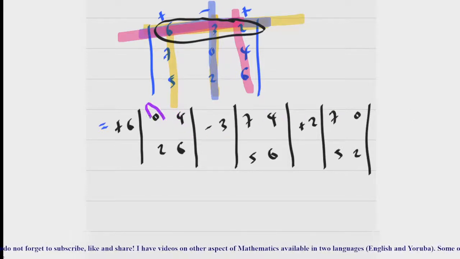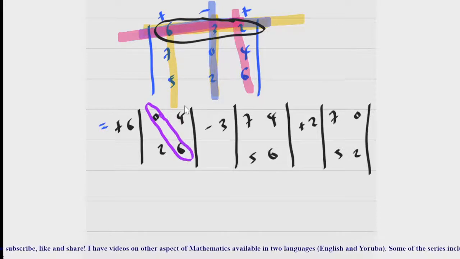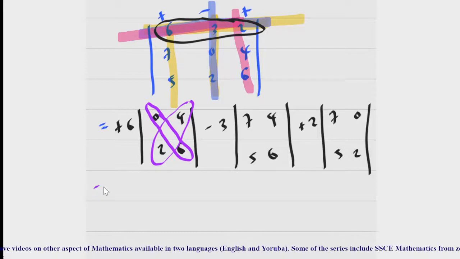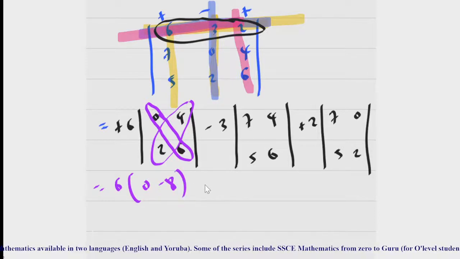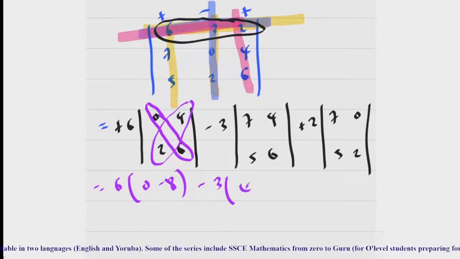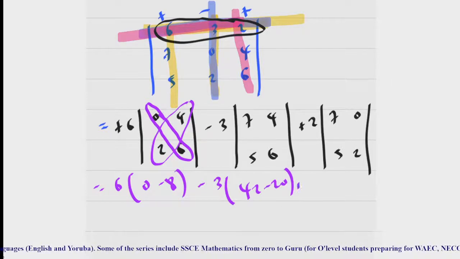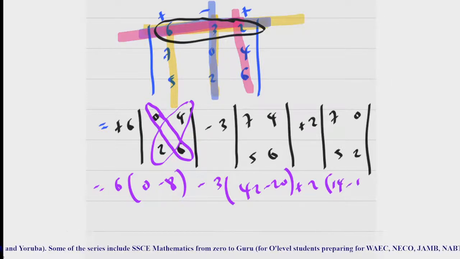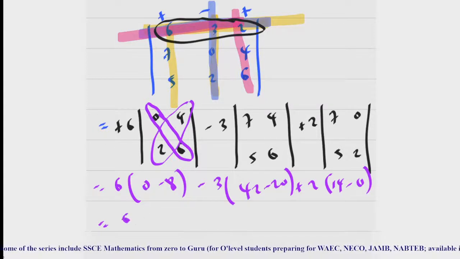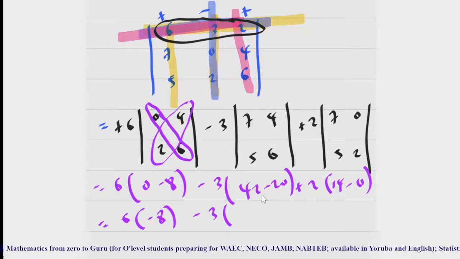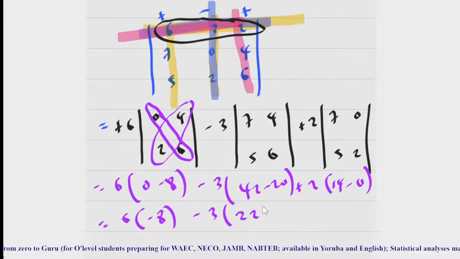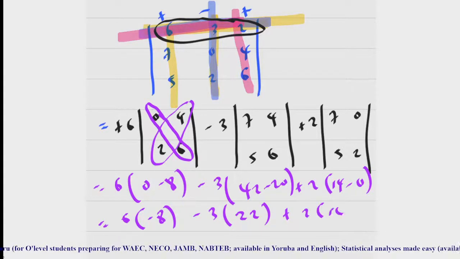And from here you can conclude that since we know how to find the determinant of a 2 by 2 matrix, just by multiplying the elements along the leading diagonal minus the elements along the second diagonal, this is going to give you 6 into 0 times 6, 0 minus 8, minus 3 into 42 minus 20, plus 2 into 14 minus 0. Then I'm going to have 6 into minus 8, minus 3 into 42 minus 20, that will give you 22, plus 2 into 14.